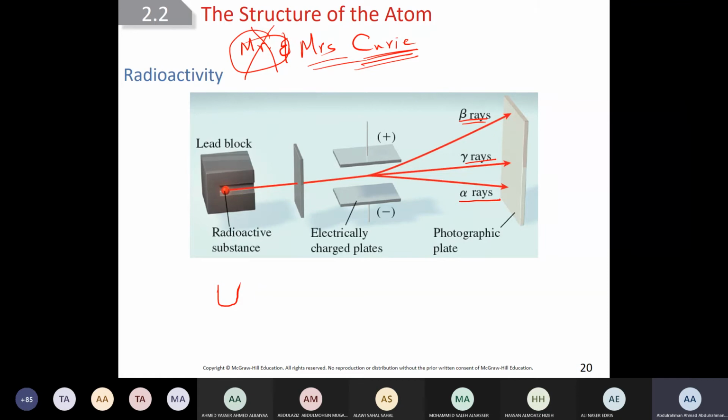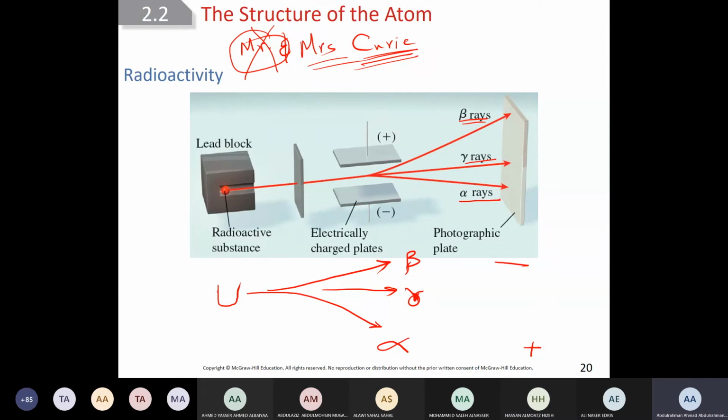Okay, what's this discovery? That the uranium element, when it decomposes, will give you 3 particles. What are these 3 particles? Alpha, beta, and gamma. What's the charge of alpha? Positive 2. And what's the charge of beta?